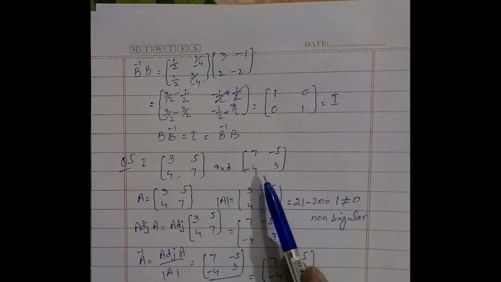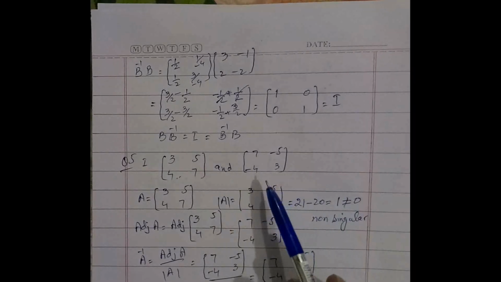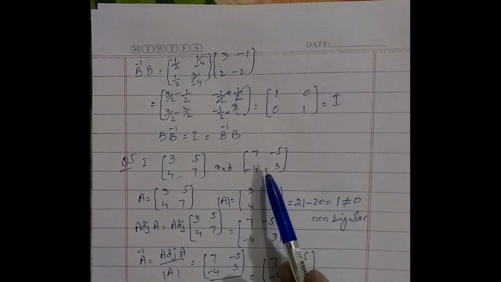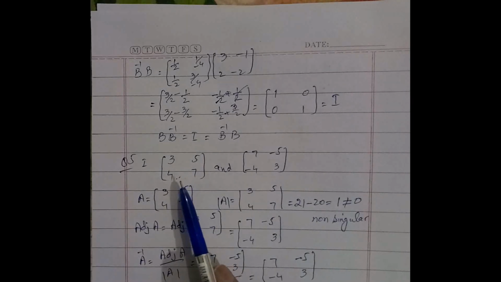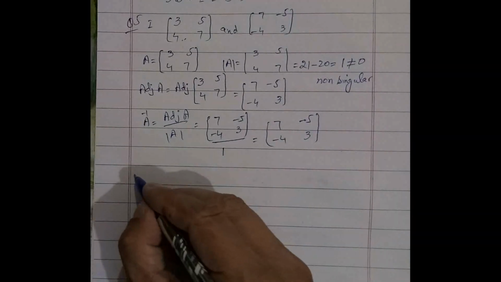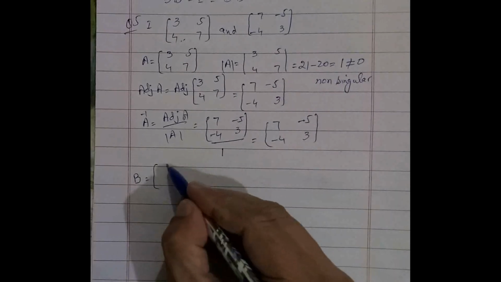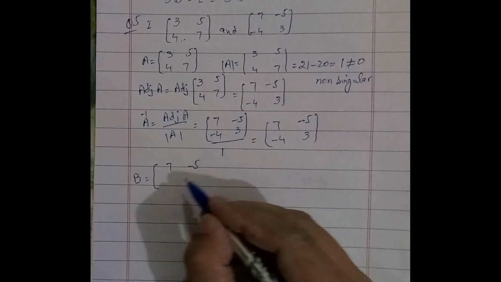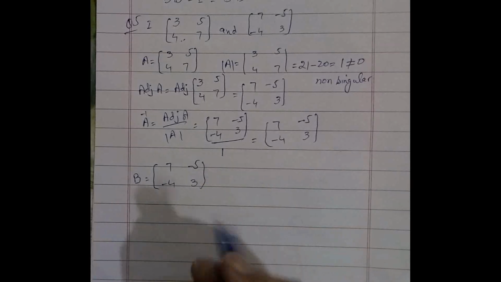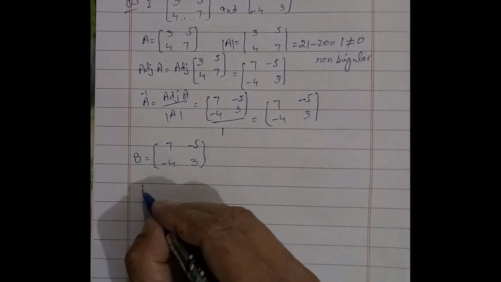The multiplicative inverse of the first matrix gives the second matrix, and now we find the multiplicative inverse of the second to get the first matrix. Now let's start. The second matrix is B, 7, minus 5, minus 4, 3, and before finding the inverse we first find the determinant.